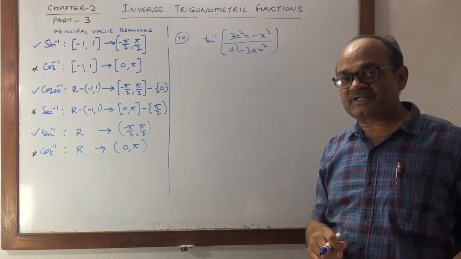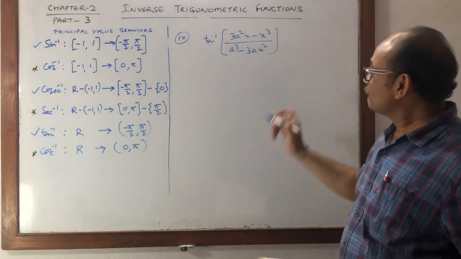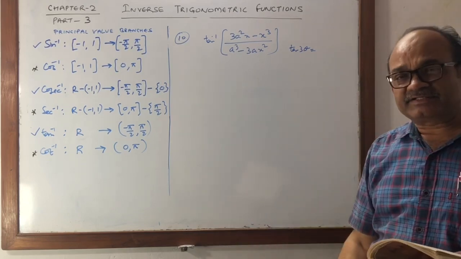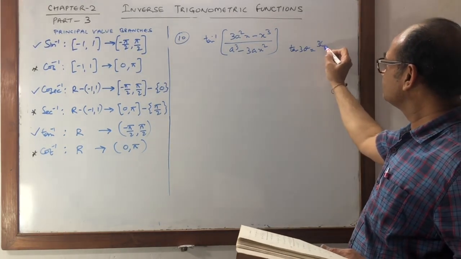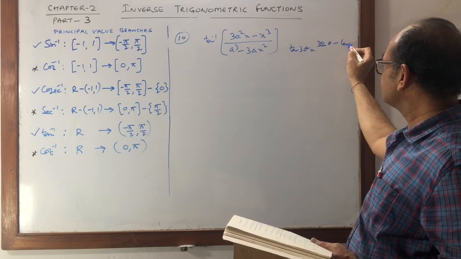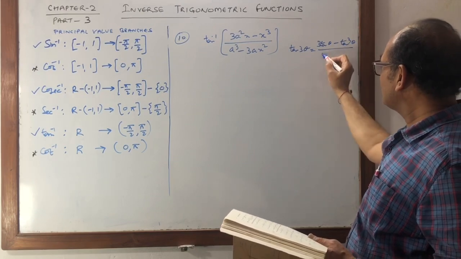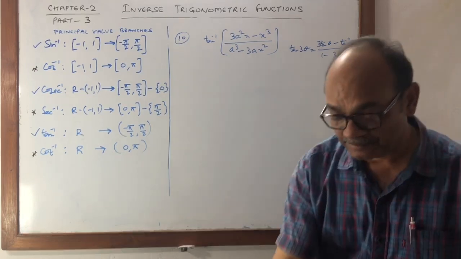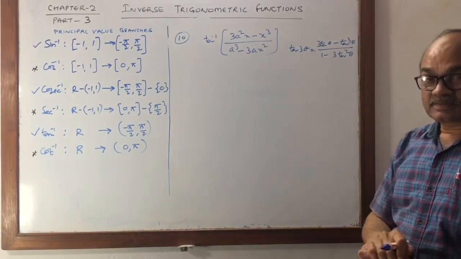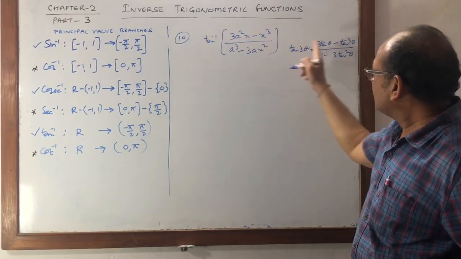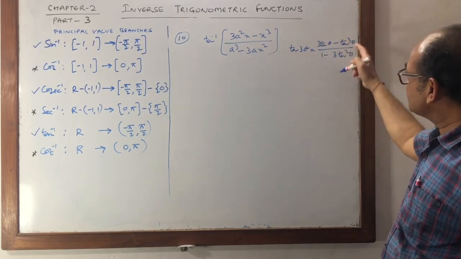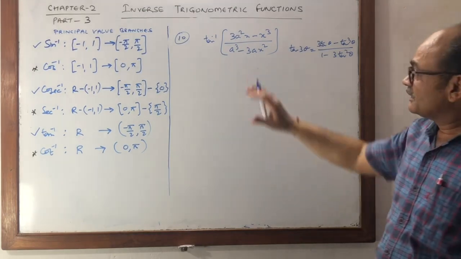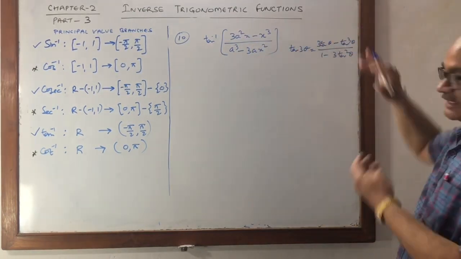You know from your class 11th the formula of tan 3 theta: 3 tan theta minus tan cube theta over 1 minus 3 tan square theta. Here it is not tan theta, here it is x cube. But we want to form this expression similar to this expression.